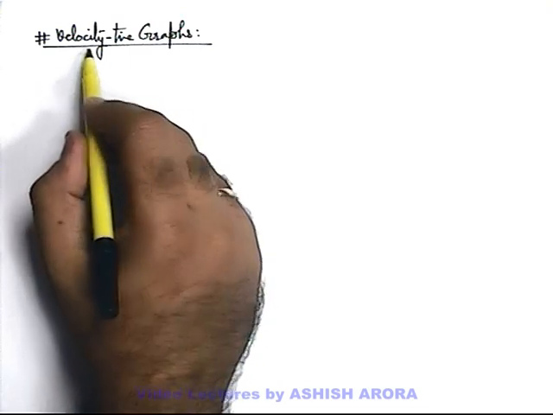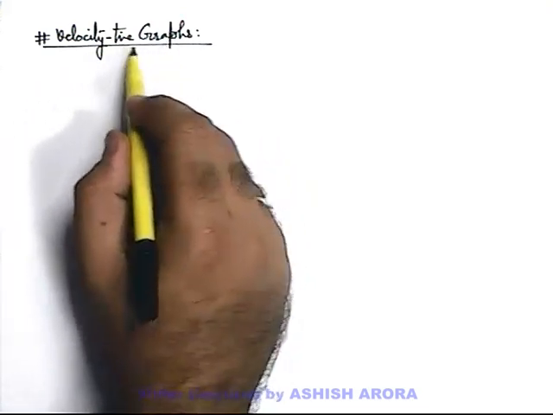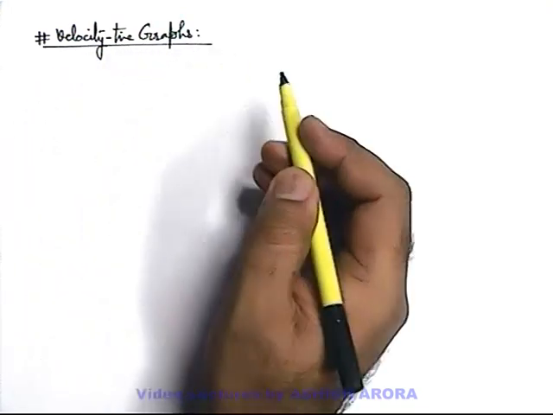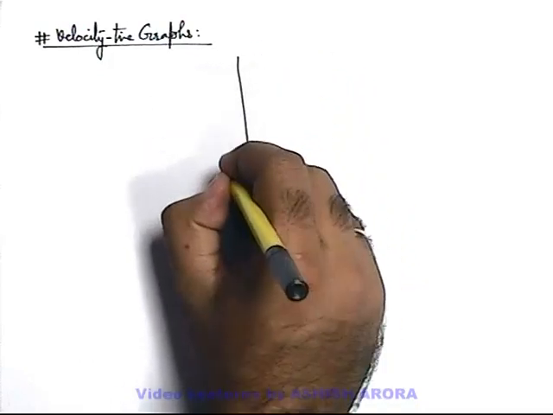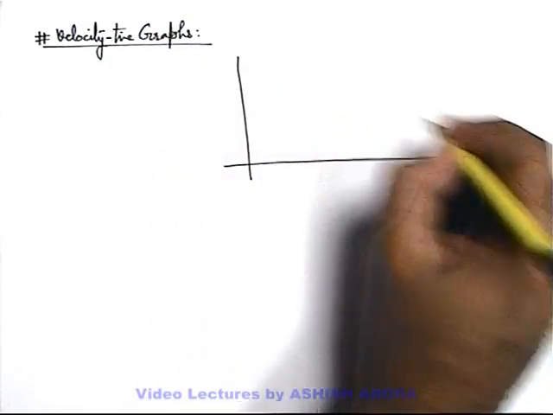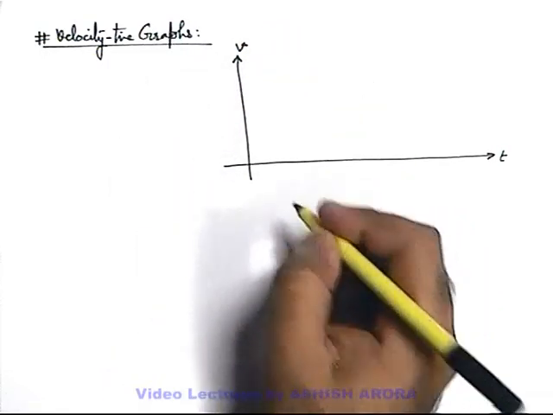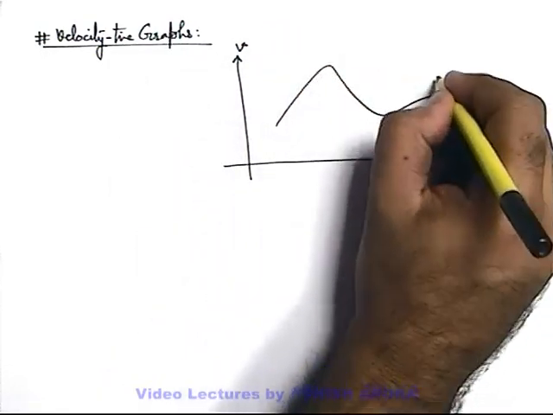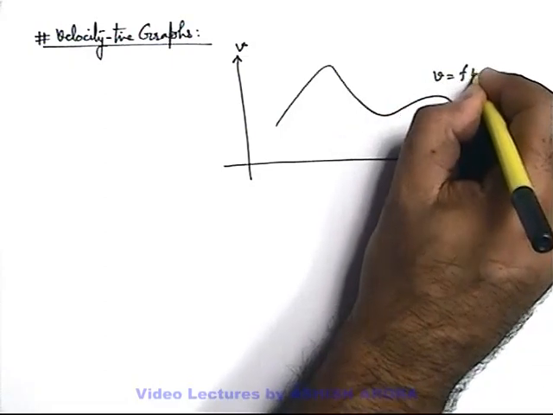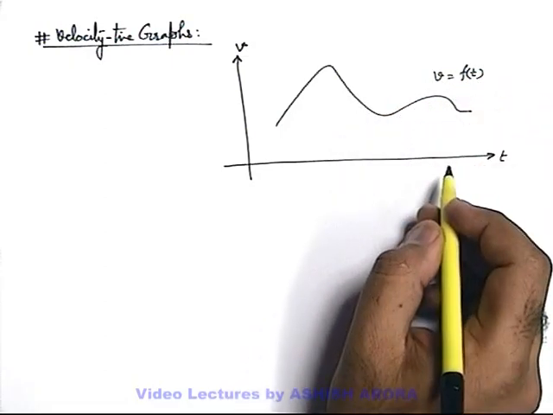If we talk about velocity time graphs, these are the graphs relating velocity with time. Say we draw a graph in velocity and time for the motion of a particle. This graph is drawn for the function of velocity, how it varies with time.